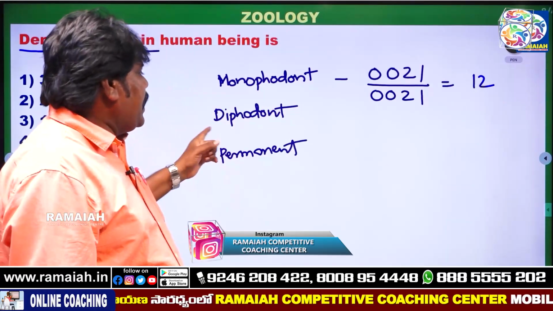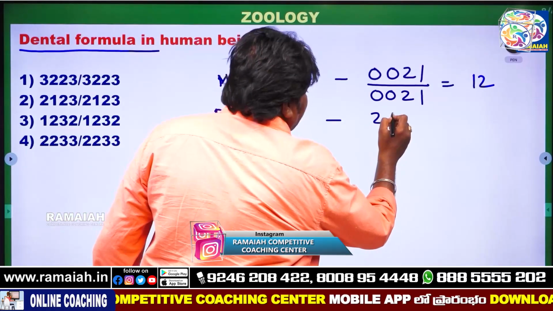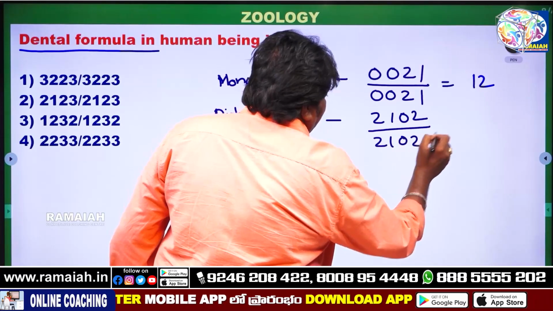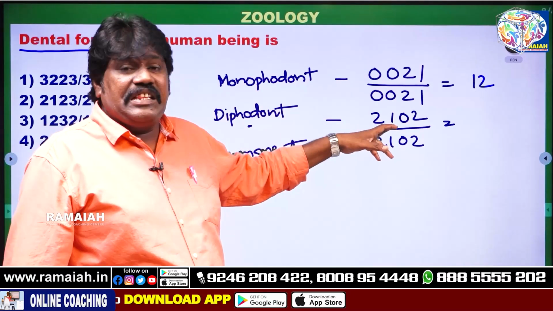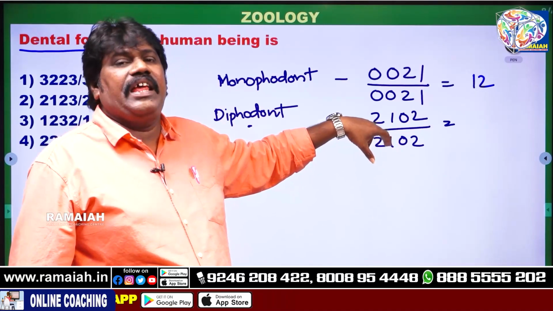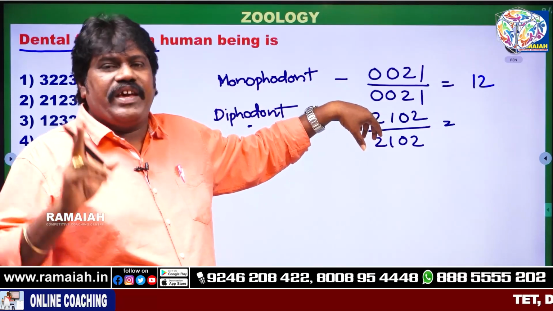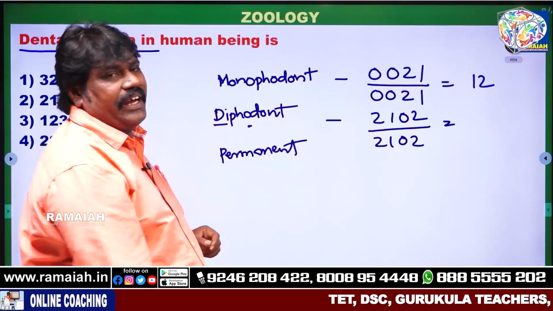The next one, diphyodont. Diphyodont means 2102 by 2102. It is the dental formula of diphyodont. It means the teeth in this formula can originate in our mouth twice in a life cycle. That's why it is called the diphyodont dental formula.